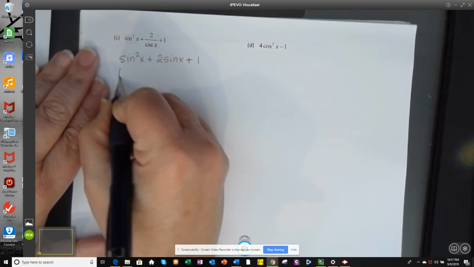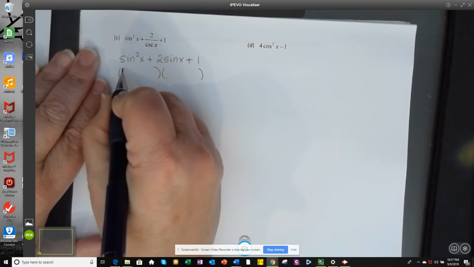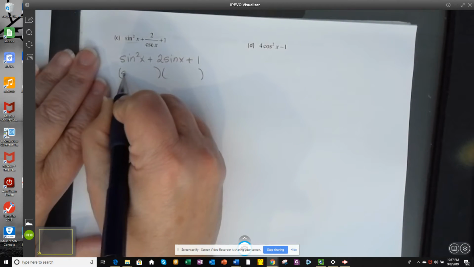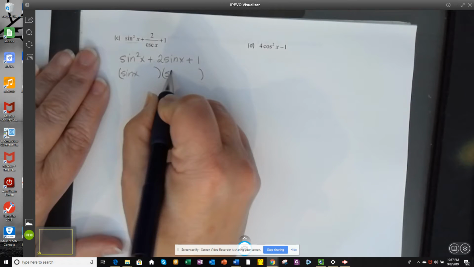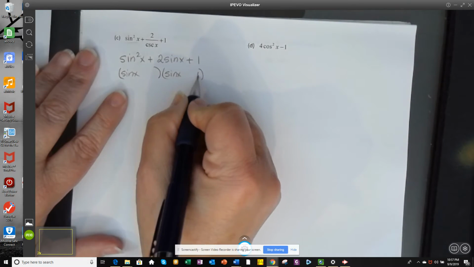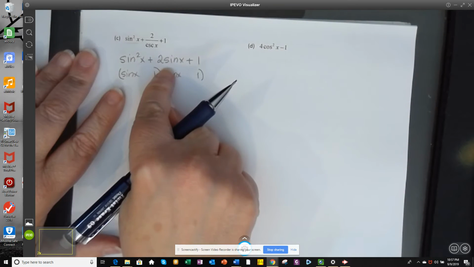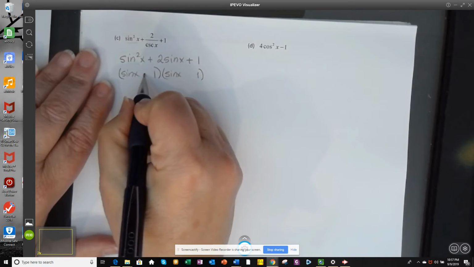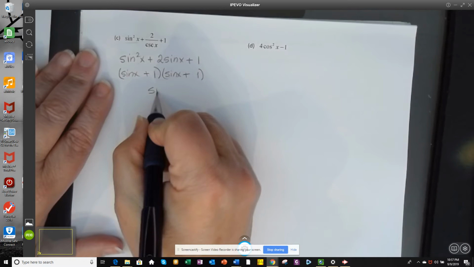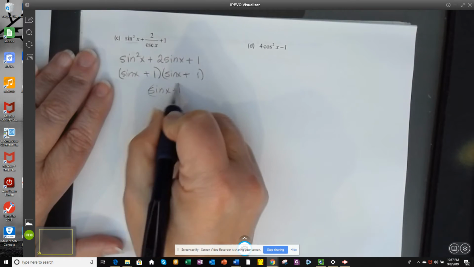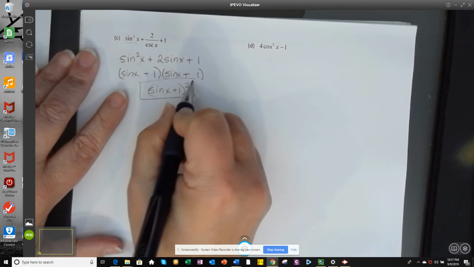Good. And then I'm going to factor. Sine squared's factors are sine x and sine x. And the factors of 1 are 1 and 1. And the inner product and the outer product have to sum to 2. So they're both plus. So this will be sine x plus 1 quantity squared. And there you go.